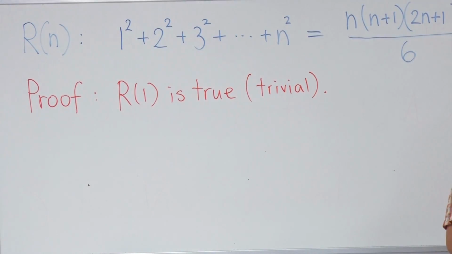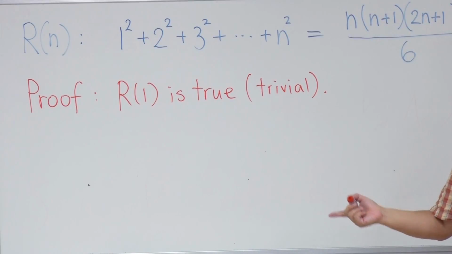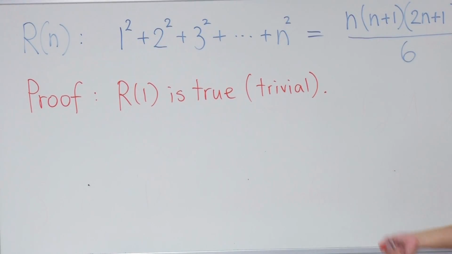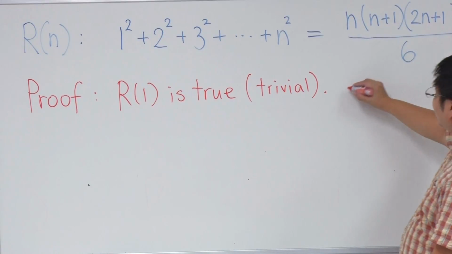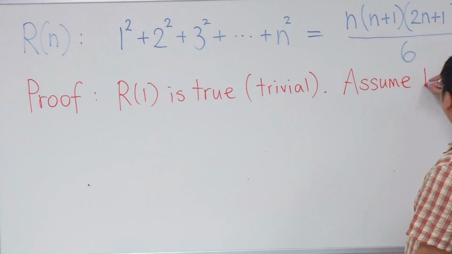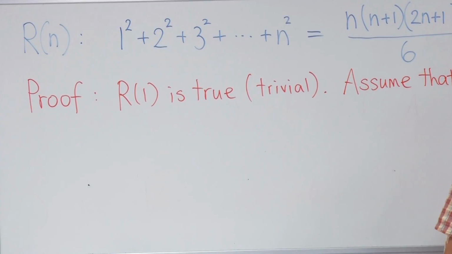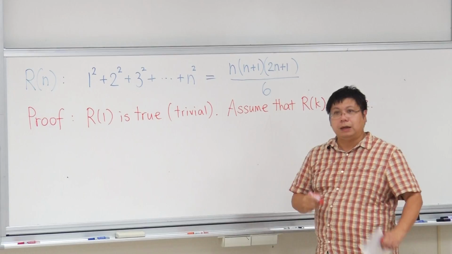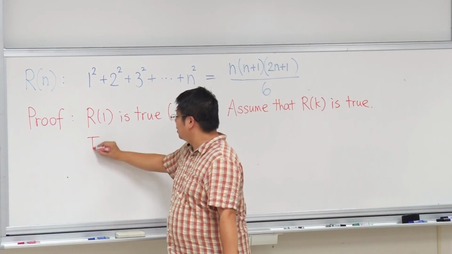Just plug in 1: 1 times 2 times 3 divided by 6 is equal to 1. 1 square is 1, so it is true. Next, we assume that Rk is true.